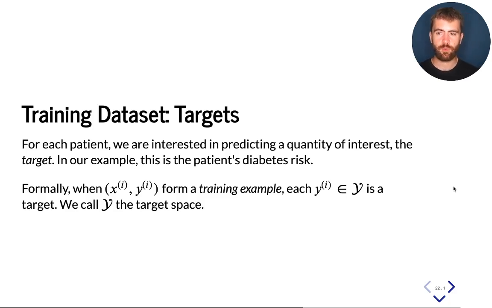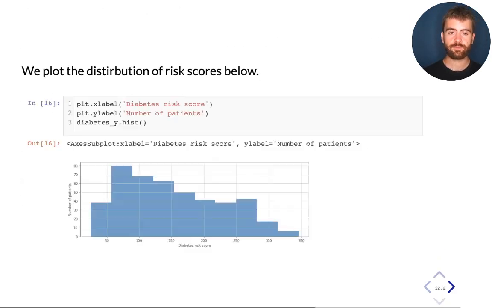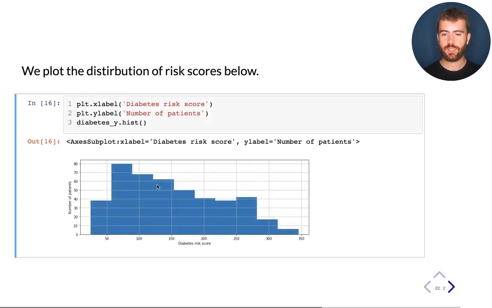An example of what a target can be is the diabetes risk. We can plot the distribution of diabetes risk. This is what it looks like. It can go up to around 350, and it might even go higher for certain patients that are particularly at risk. So this is the target, and this is the value that we are interested in predicting from the input object X.